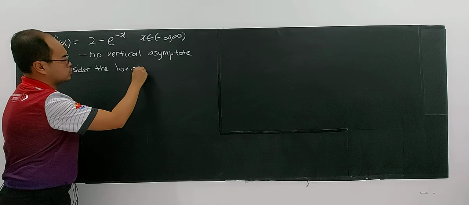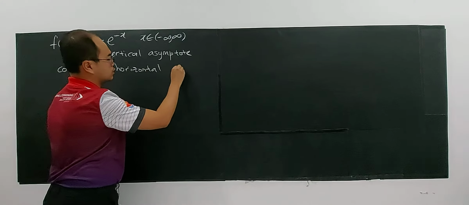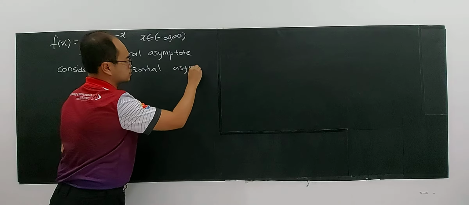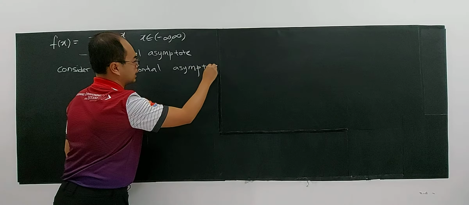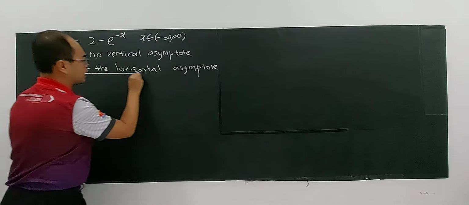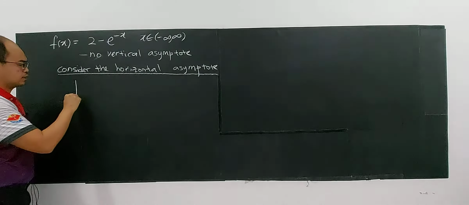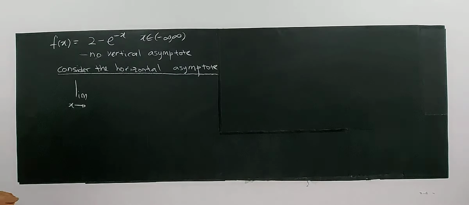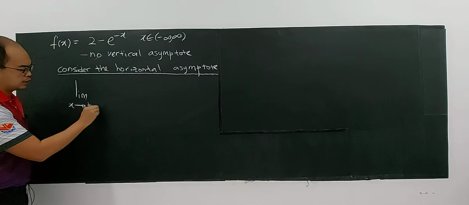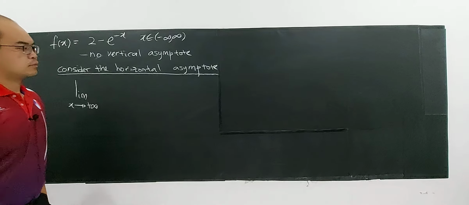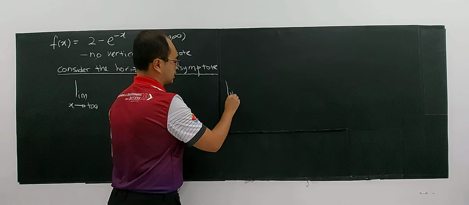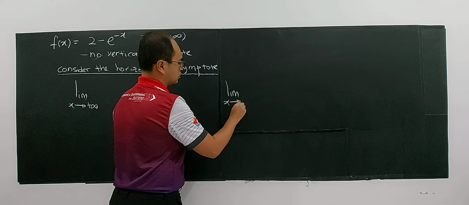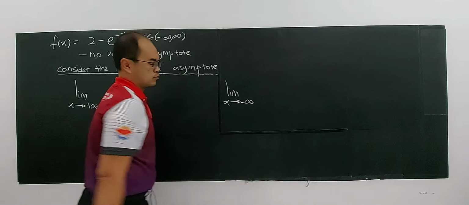As for horizontal asymptotes, we have to find the limits at infinity. The procedure of finding a horizontal asymptote is to find the limits as x approaches positive and negative infinity.